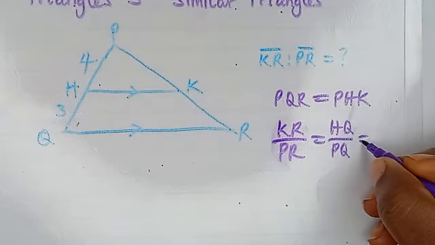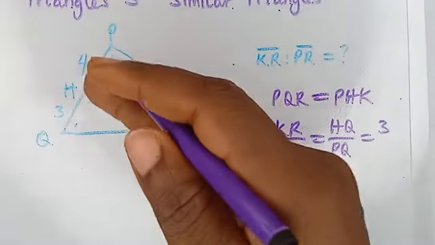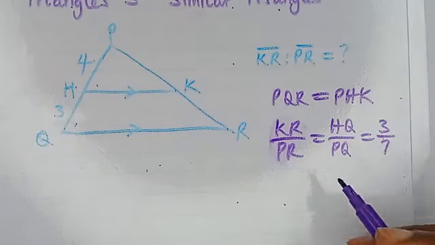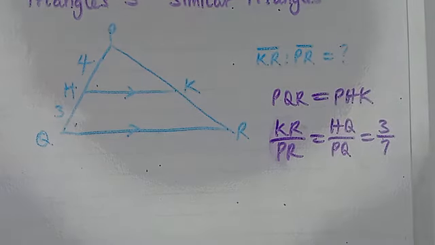Now let's use numbers. HQ is 3. PQ is 3 plus 4, which is 7. So the ratio of KR to PR is 3:7. As simple as that. I hope you learned something.